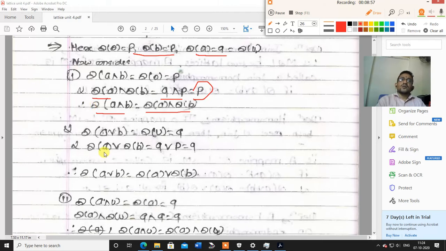Okay, similarly we check whether it is a join homomorphism or not. So theta of A join B: what is A join B here?